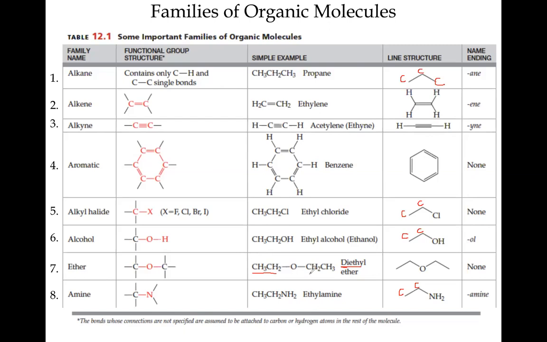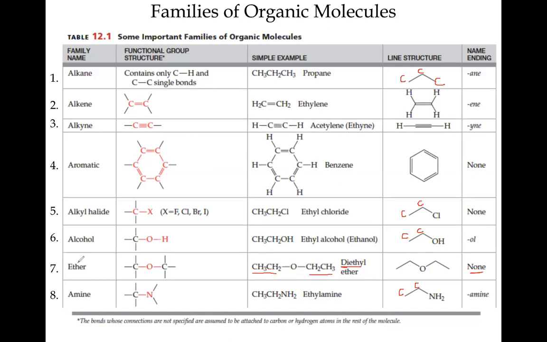And here's another ethyl group, 1, 2. So two ethyl groups is going to be diethyl. Diethyl ether because it's a carbon, oxygen, carbon functional group. And it looks like this. Like it looks kind of like a spider missing some legs.